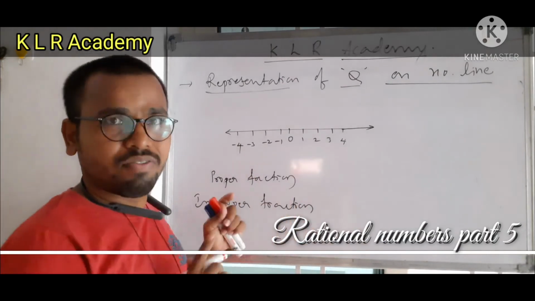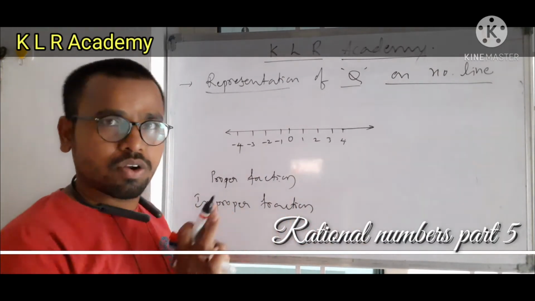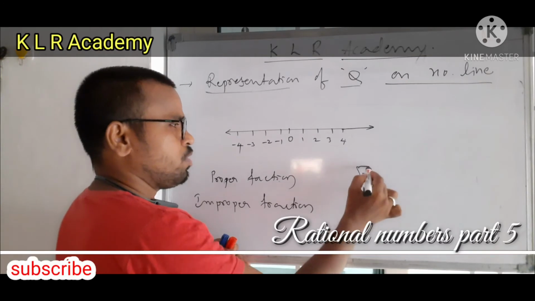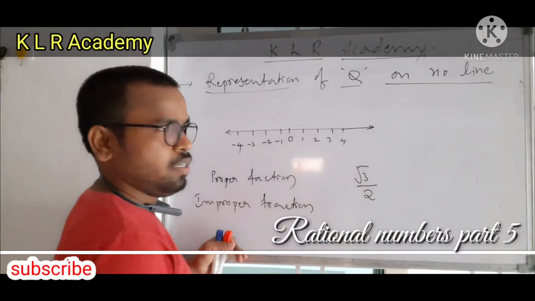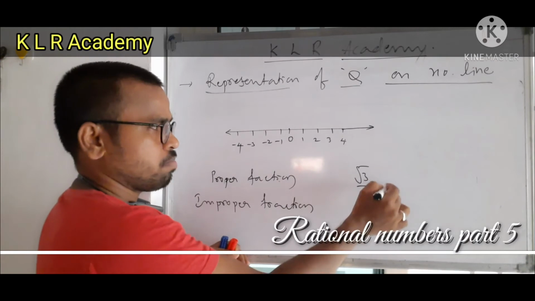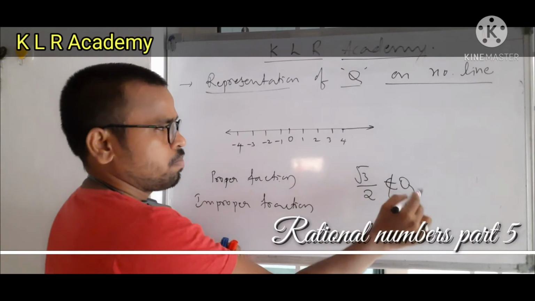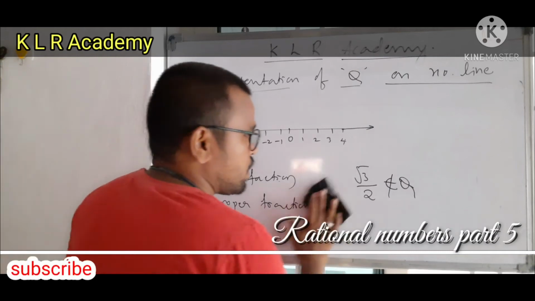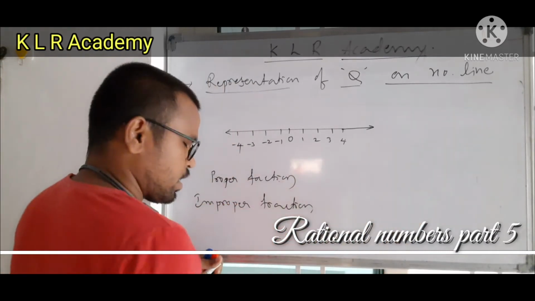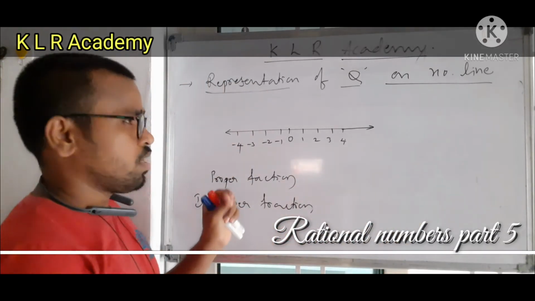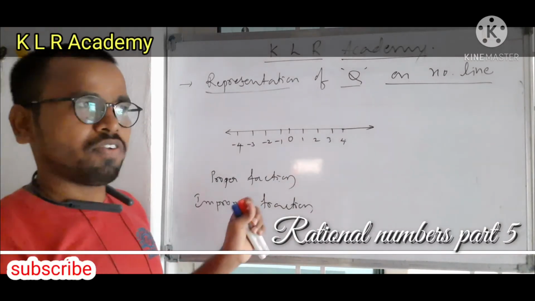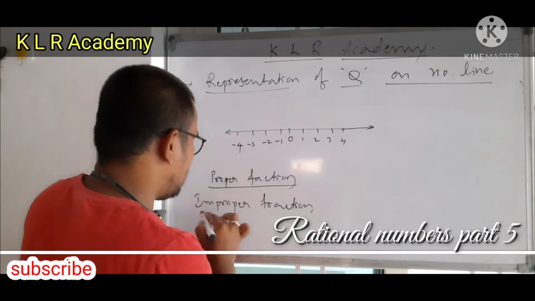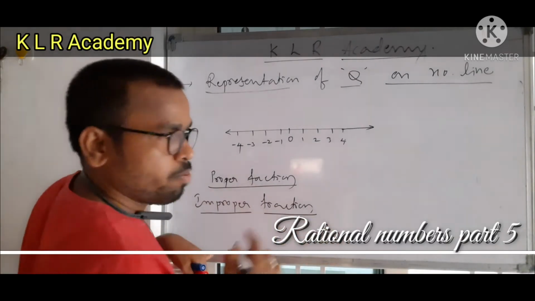All rational numbers are fractions, but all fractions are not rational numbers. For example, root 3 by 2 is a fraction, but it is not a rational number. So you have to understand what is a proper fraction and what is an improper fraction.